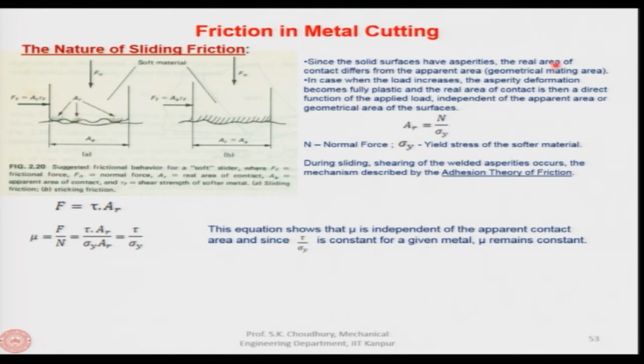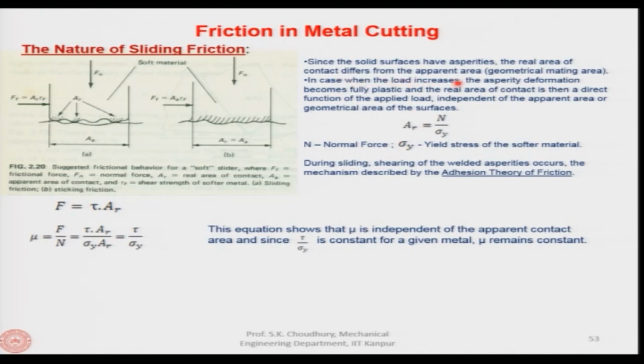The real area of contact differs from the apparent area. The apparent area is the geometrical mating area. So the real area of contact is different from the area on which they are apparently meeting, because they are meeting on the asperities and not the full area.